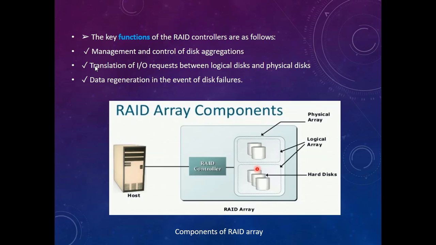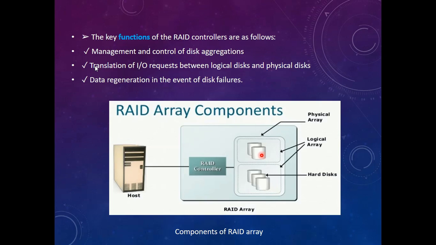Data regeneration in the event of disk failures is also done by the RAID controller. Suppose sometimes, due to some environmental issues or something like an earthquake, some disks may be completely lost. How can you regenerate the data which has been lost?